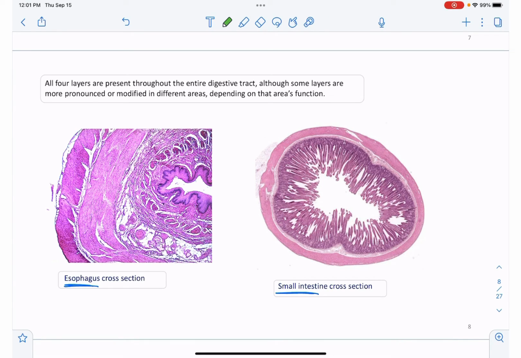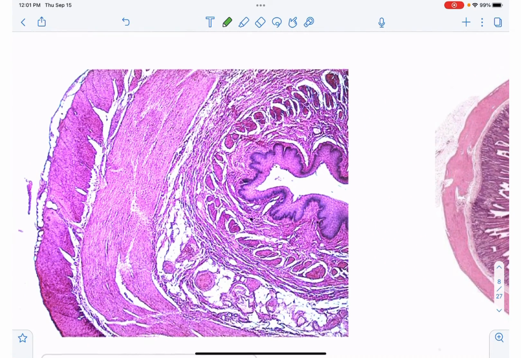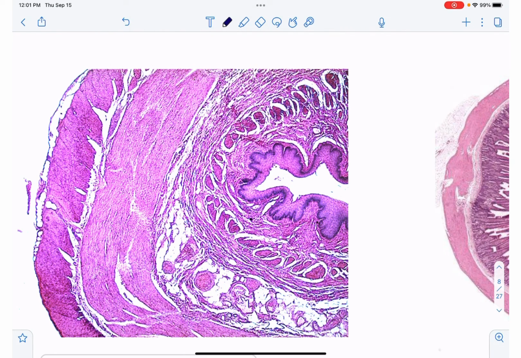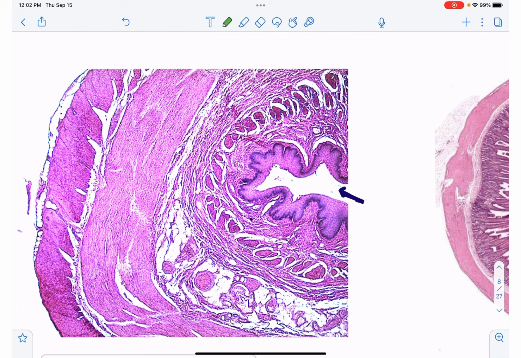Let's start with the esophagus. So first of all, there's the lumen of the esophagus, and the layer of the alimentary canal that lines the lumen is the mucosa. We're going to talk about the specifics of the mucosa, but I'll go ahead and just point it out for now.